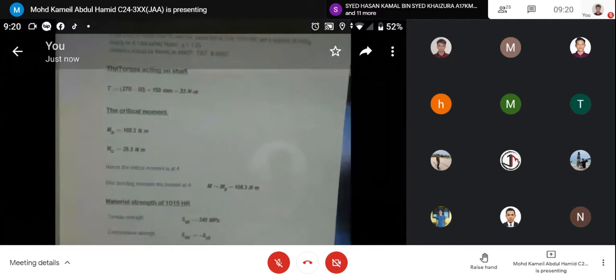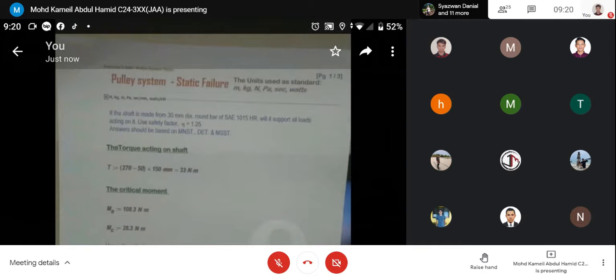Okay, so this is the exercise and the cara lah nak jawab dia tu. Okay, so the torque acting on the shaft first, you can just use one of the pulley tu. So just use one of the pulley and calculate for the T value.